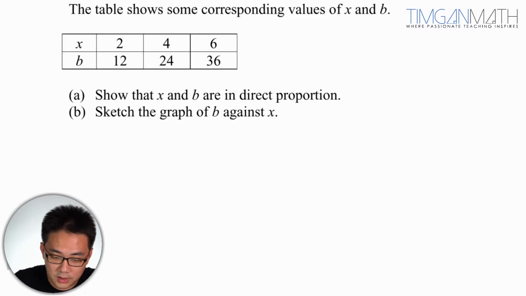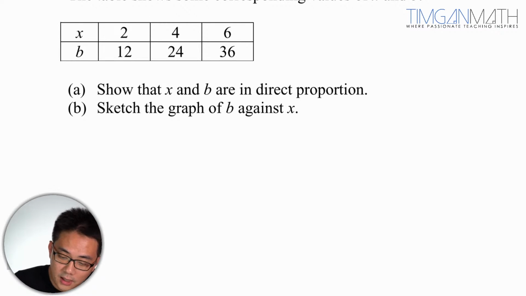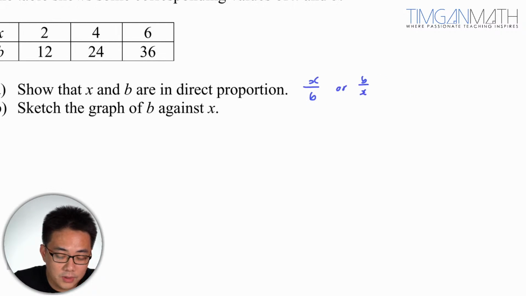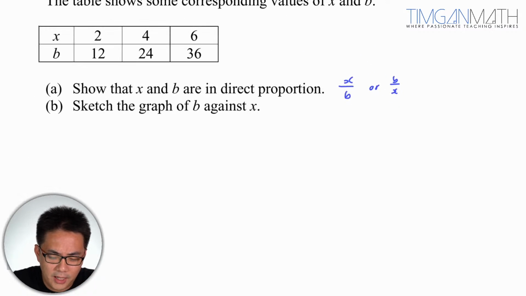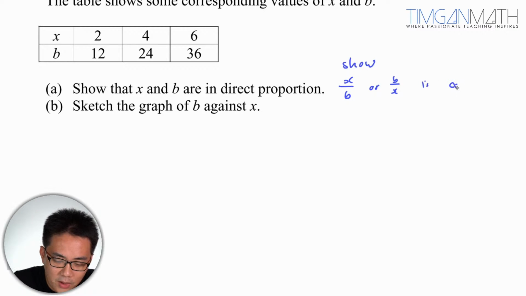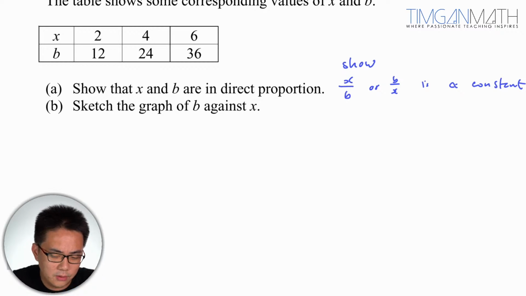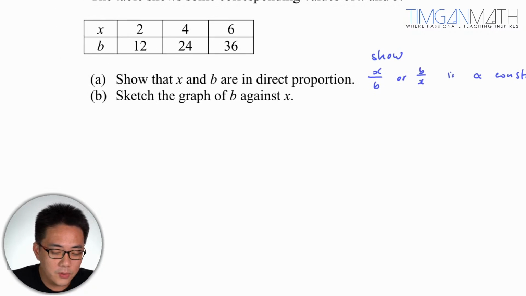What we need to show is that x over b or b over x is constant. You can choose either one, it's fine. But typically teachers will encourage you to take the bigger number divided by the smaller number because it's easier.